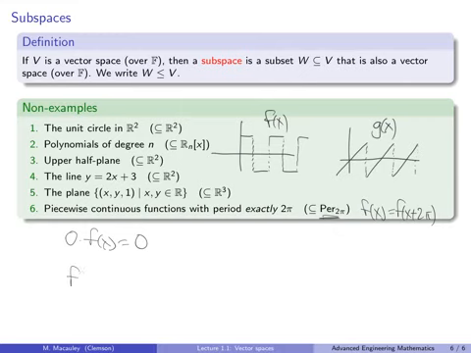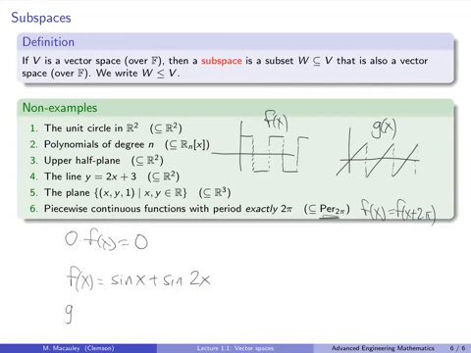Let me take f of x equals sine of x plus sine of 2x. I hope that you'll agree with me that this function, it's not easy to draw, but sine of x has period 2 pi and sine of 2x has period pi. And if you add them together, you're going to have something of period 2 pi, not of period pi.